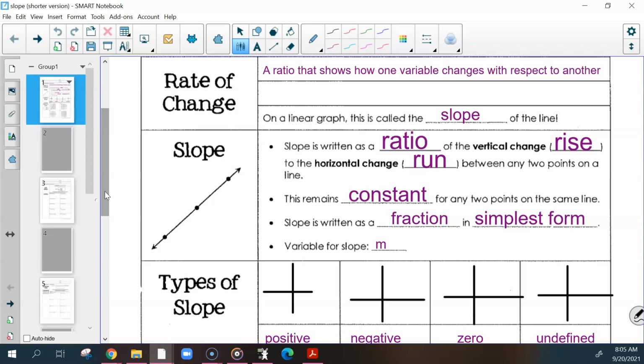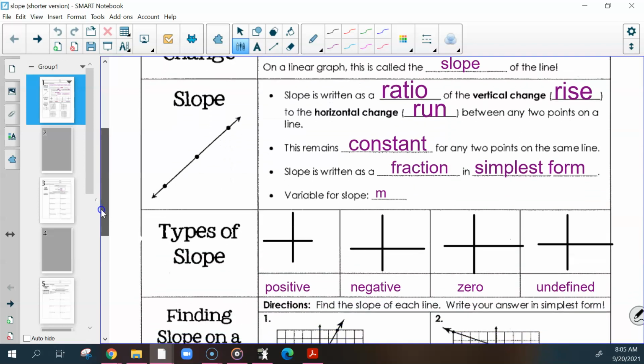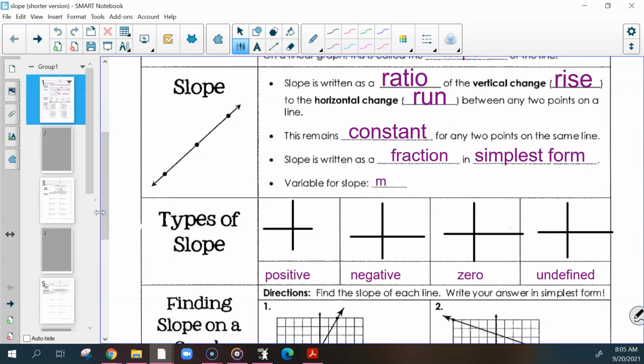So whatever the slope is between point A and point B, it will be the same between point B and point C, point C and point D, and so on. Anytime we write slope, it is a ratio, and we're going to write it as a fraction in simplest form. The variable that corresponds to slope is m.